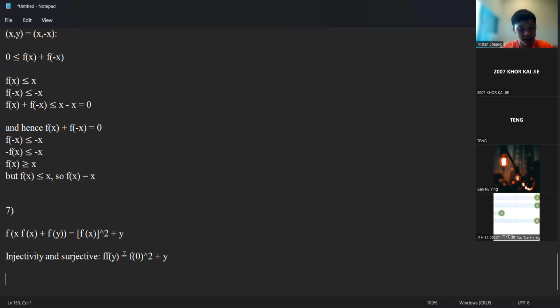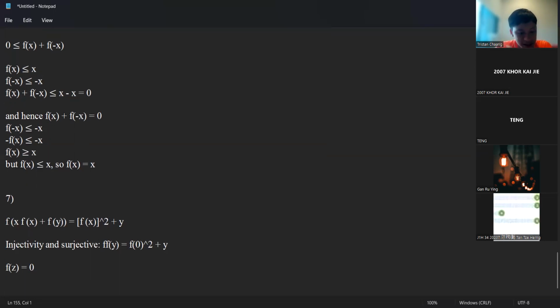So there must exist z such that fz equals 0. And if we let f0 is z, okay, so let's put z on both sides and see what happens.